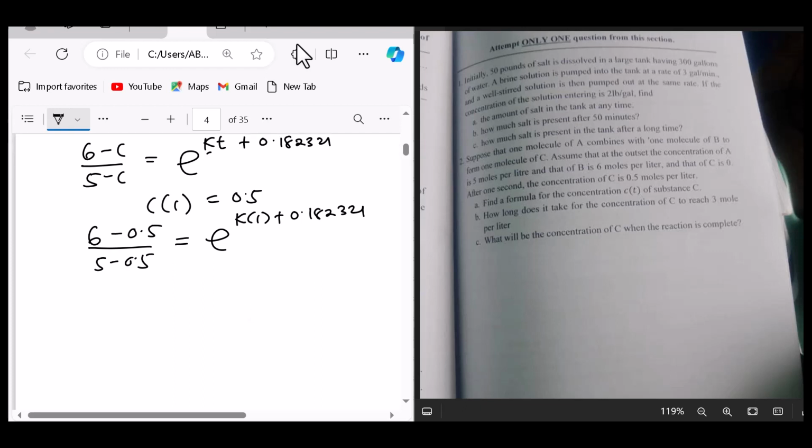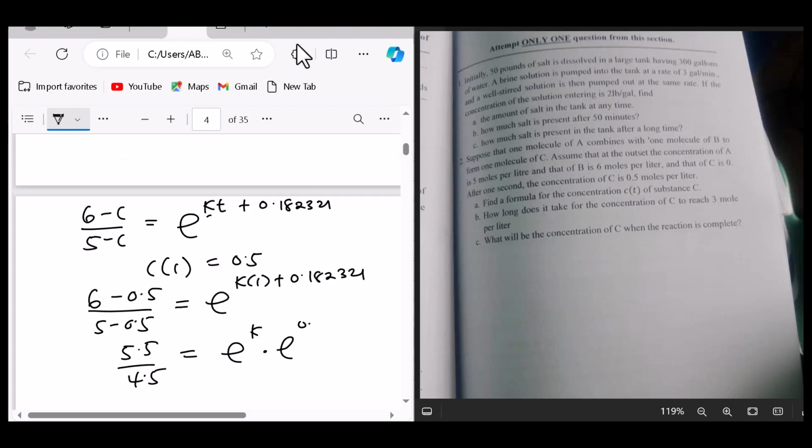If we do the arithmetic here, we get 5.5 over 4.5 equals e to the power k times e to the power 0.182321.